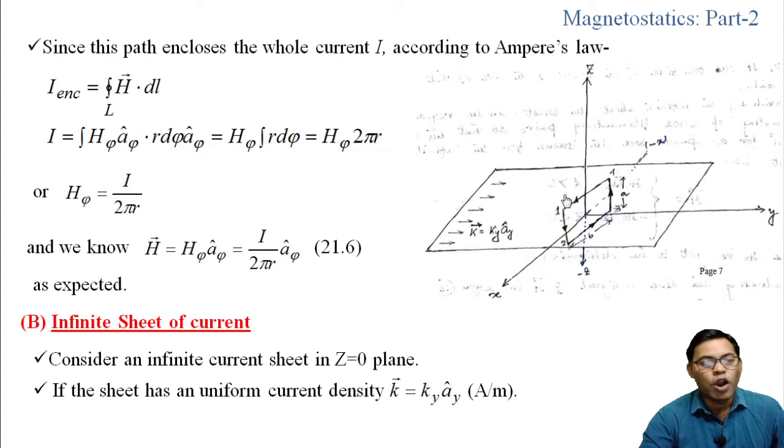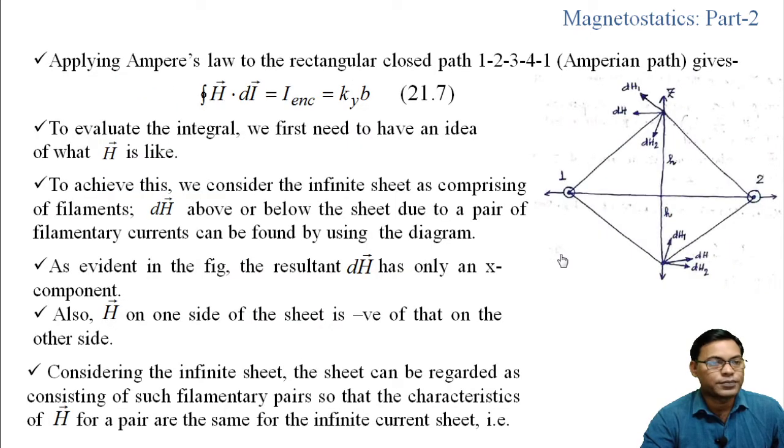Here you can see that I have drawn a rectangular path which cuts this infinite sheet, and we will move from 1 to 2, 2 to 3, 3 to 4, 4 to 1. The distance from 2 to 3 is B, and the length from 1 to 2 is A. Before applying it to the rectangular closed path 1 2 3 4 1, we know that by Ampere's law the line integral of H dot dl equals I enclosed.